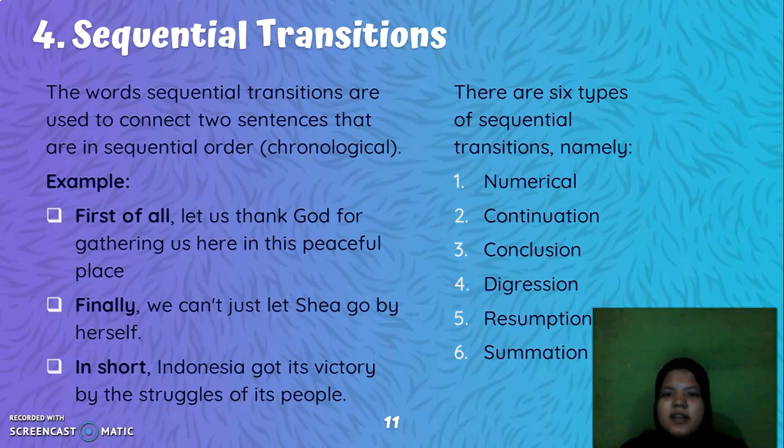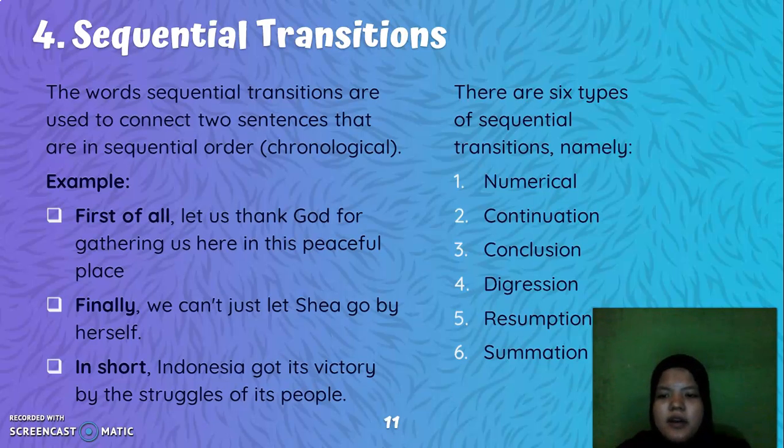4. Sequential transitions. The word sequential transitions are used to connect two sentences that are in sequential order or chronological. There are 6 types of sequential transitions, namely, first, numerical, 2, continuations, 3, conclusions, 4, digressions, 5, resumptions, 6, summations.